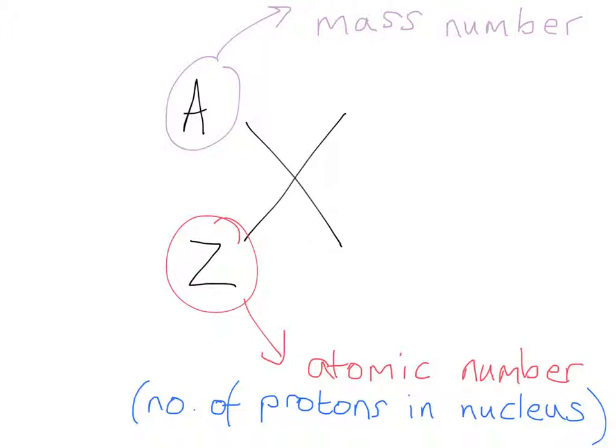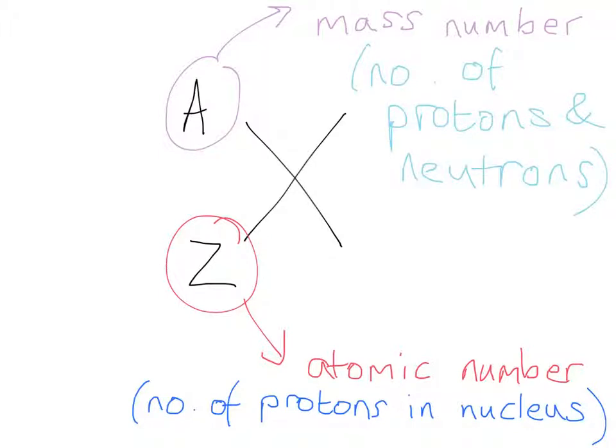The mass number represents the number of protons and neutrons in the nucleus. Don't forget that electrons have an almost negligible mass, so the mass is entirely made up of the mass of the protons and the neutrons and excludes the electrons. We can use these numbers to write the symbol for an isotope, which we'll see an example of on the next slide.